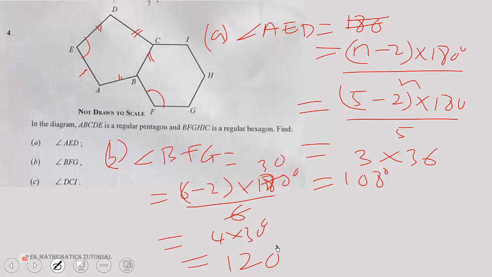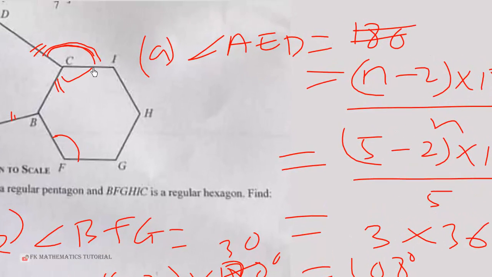Now we are supposed to find angle DCI, this angle here. This angle plus this angle plus this angle should be equal to 360 because they are angles at a point. So we have this one to be 120 and this one to be 108.